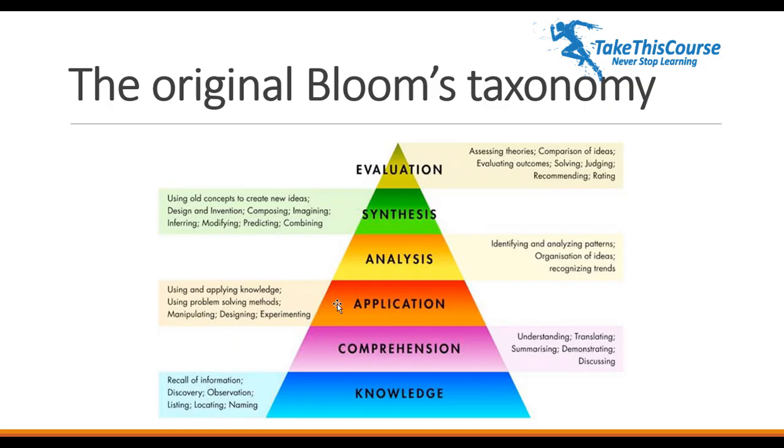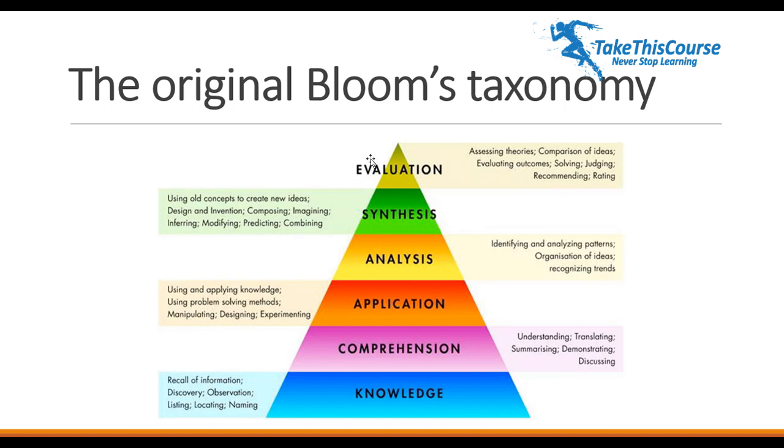After that, you move forward with identifying different patterns of knowledge and different organizations of ideas. Then you convert the old ideas into creating new ideas, and then you compare your ideas together to come out with something that you create yourself.